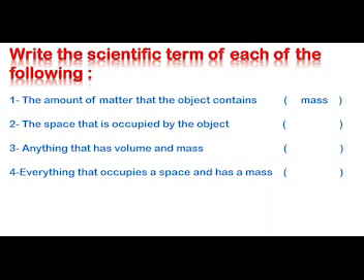Number 2, the space that is occupied by the object. This is also a definition for what? One word. Okay, volume, great. Number 3, anything that has mass and volume. This is a definition for what? Perfect, matter. Number 4, everything that occupies a space and has a mass. Great, matter.